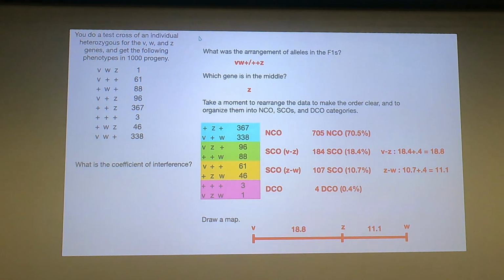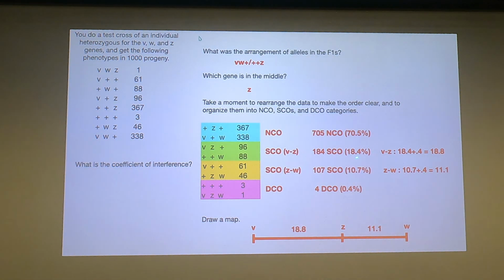Oh, what is the coefficient of interference? How would you figure that out? Got one more question to throw at you. What's the formula for the coefficient of interference? It's 1 minus the observed double crossover divided by the expected.